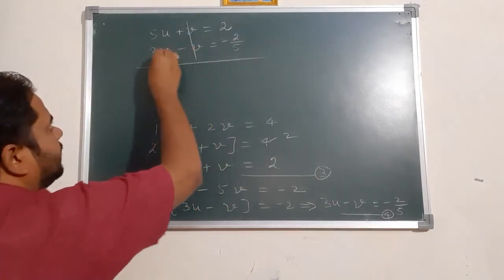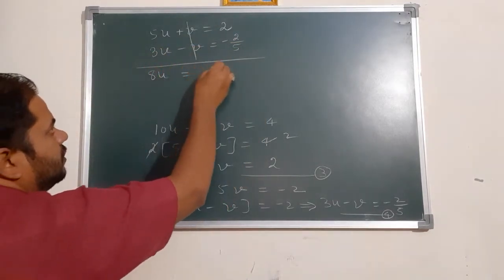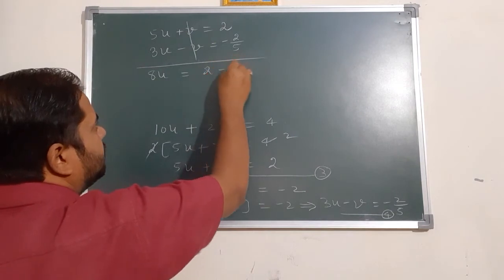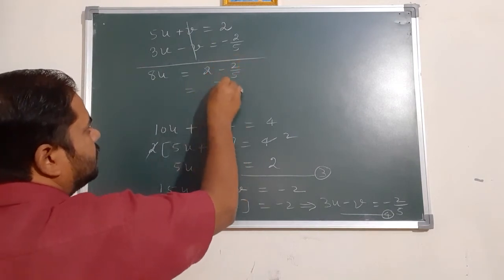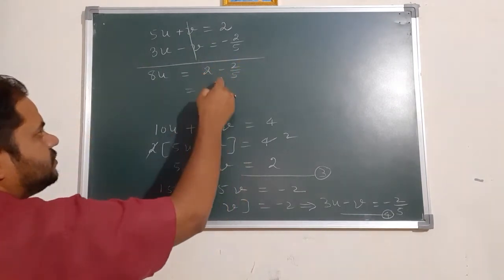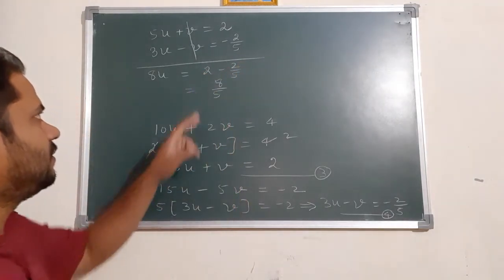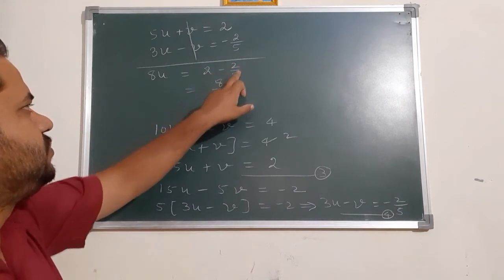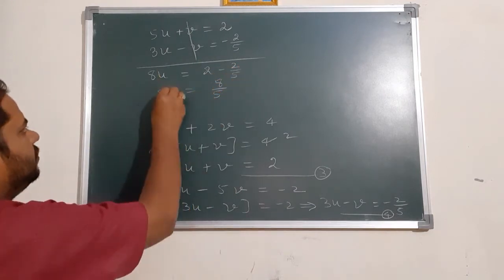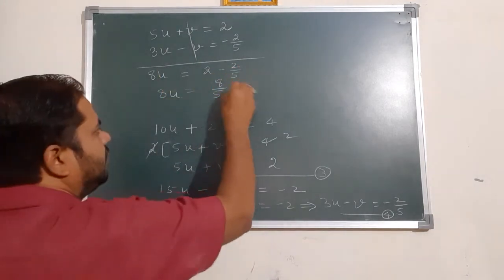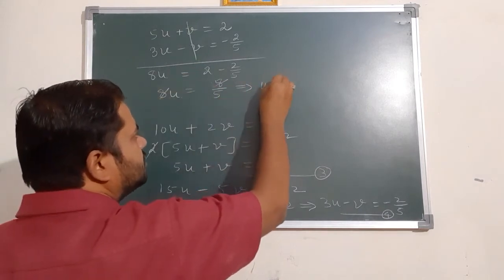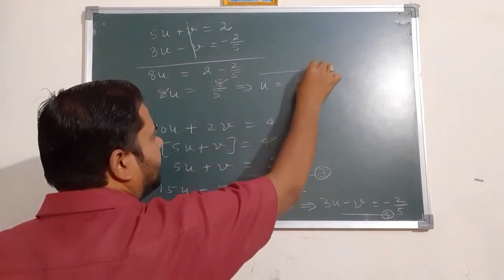Now add it: 8u equals 2 minus 2 by 5, that is 10 minus 2 upon 5, which is 8 by 5. So u is nothing but 1 upon 5.